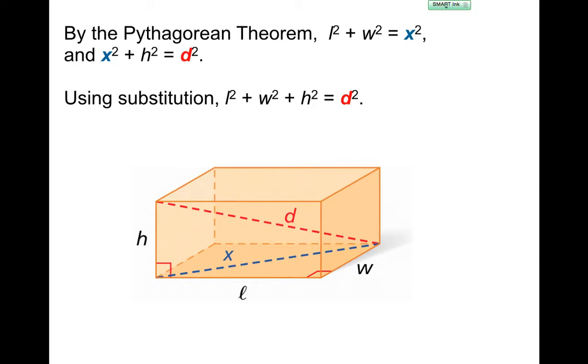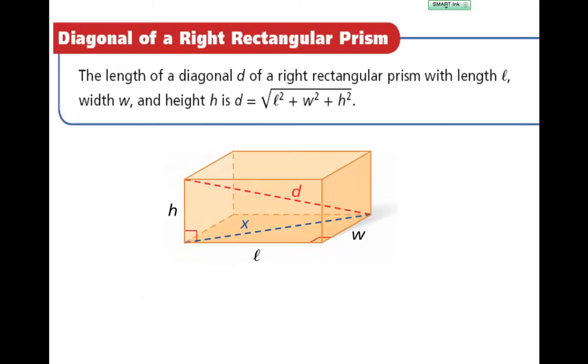So this is how they came up with the formula, using the Pythagorean theorem a couple times. To find the length of that diagonal, you square the length, the width, and the height of your rectangular prism, add it together, and square root the whole thing. That tells you the longest thing you could put in the box. It has to be pretty skinny to fit corner to corner.